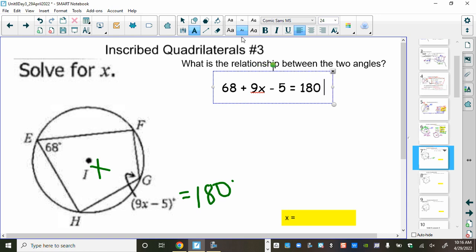So first we would combine the two terms, 68 minus 5. You have to combine the two since they're on the same side. That's 63. So in the end, the 68 plus 9x minus 5 is going to become 63 plus 9x, that's fine.